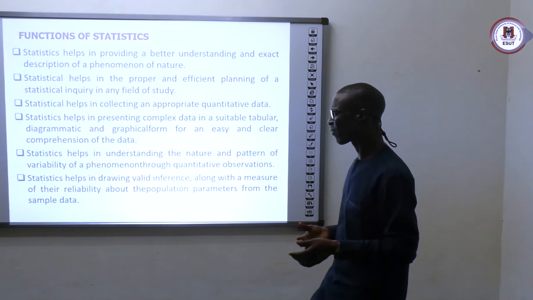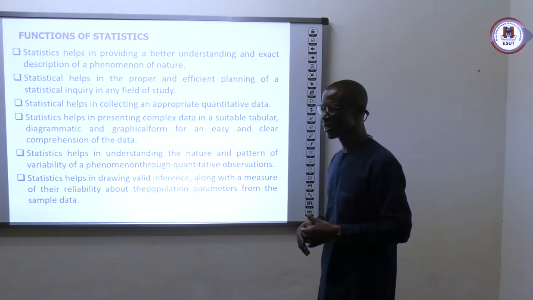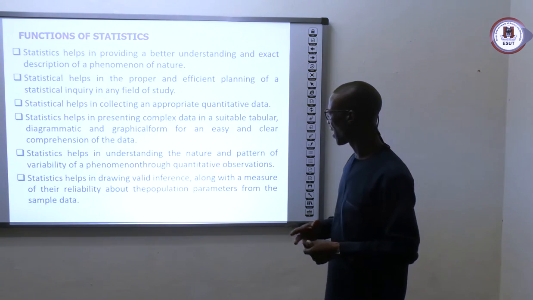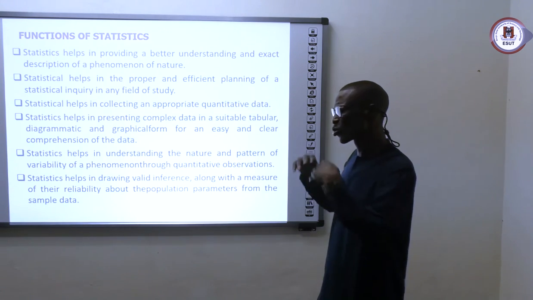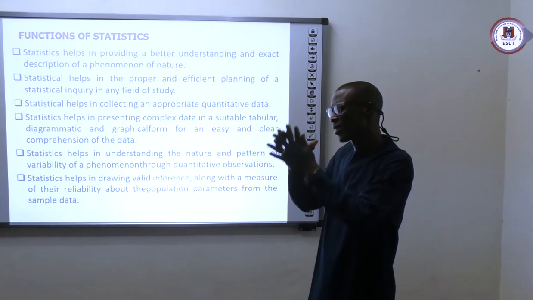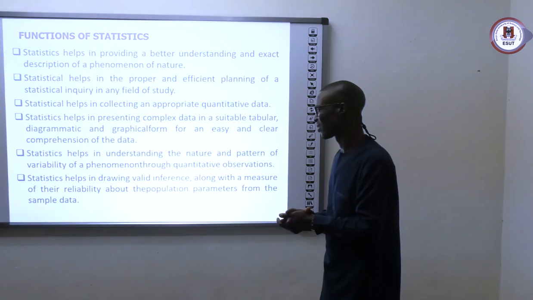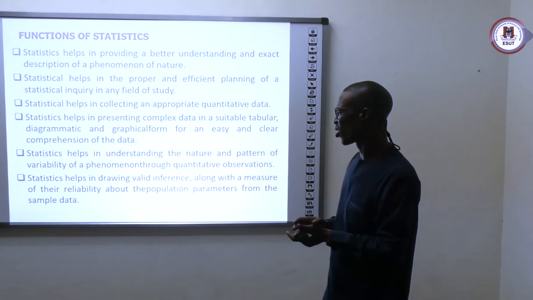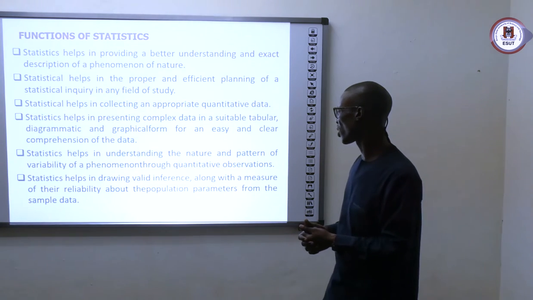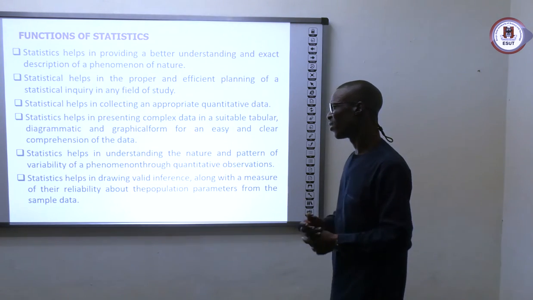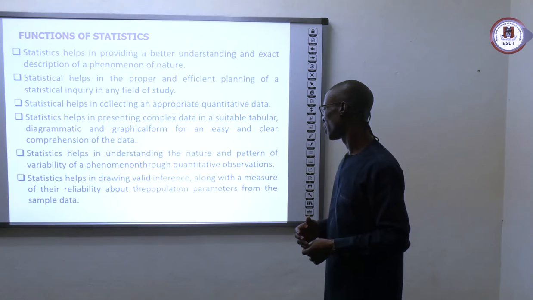So we use tabular formats, graphical format, and so many other formats to process complex data in a simplified manner for a grand understanding. So statistics does so many things. It helps us also to understand the nature and pattern of variability of phenomena.